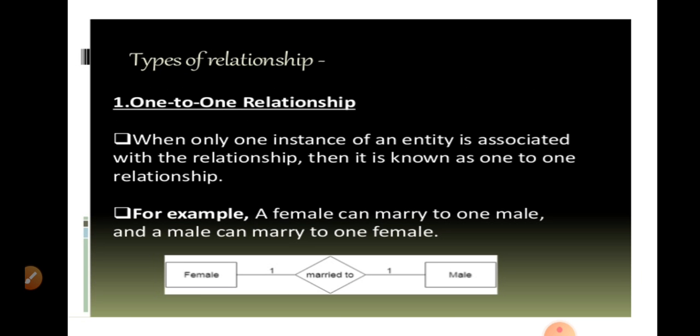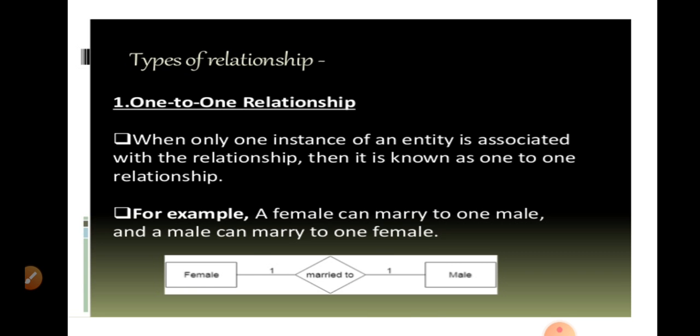First entity is female, second entity is male, and in the diamond shape we will give the relation. One female married to one male and one male married to one female. Therefore, here is a one-to-one relationship.